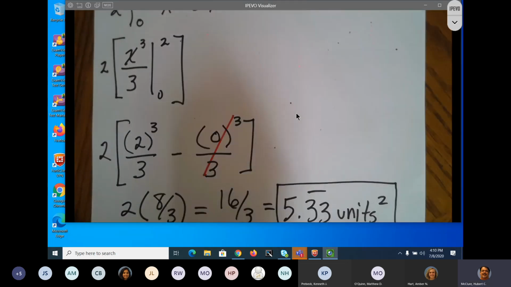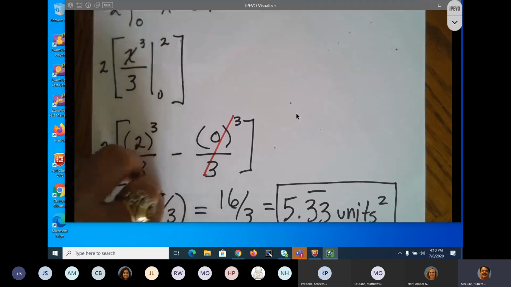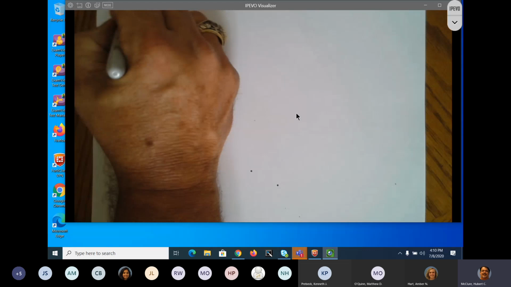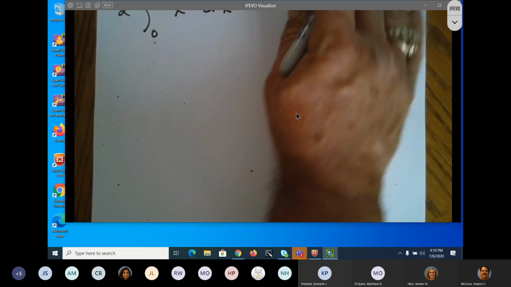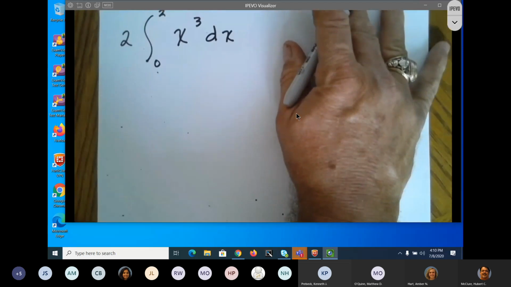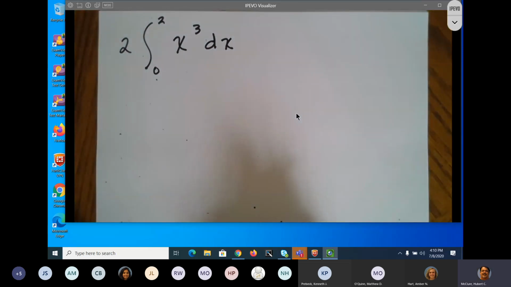So 2 times the antiderivative from 0 to 2 of x cubed dx. And that's power rule because you just got nothing but a power, so you just do it.